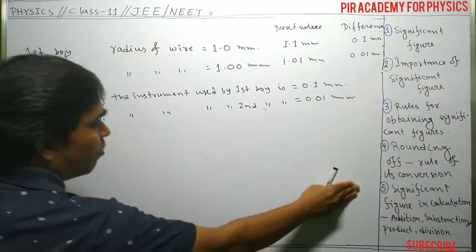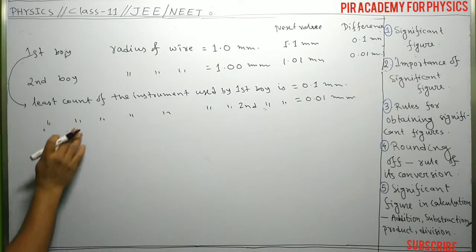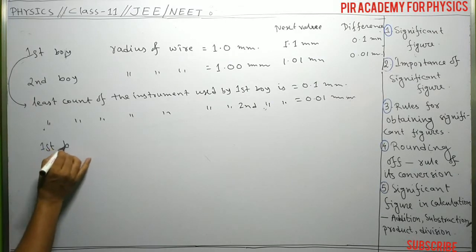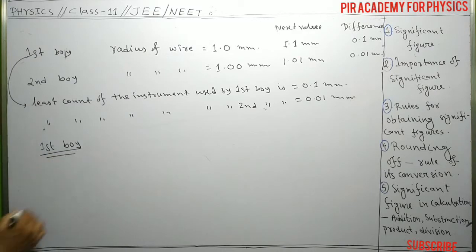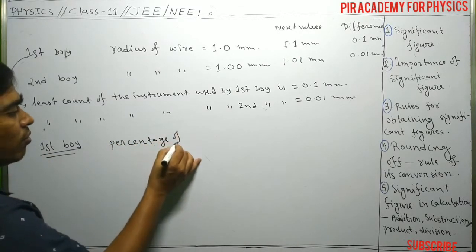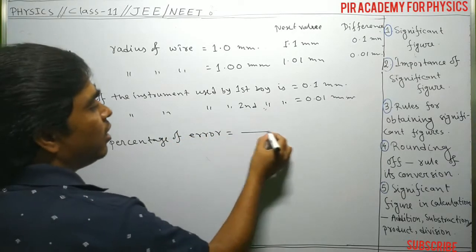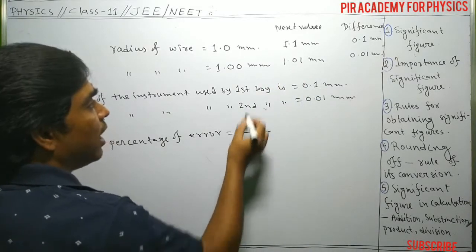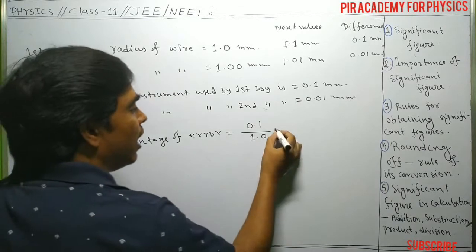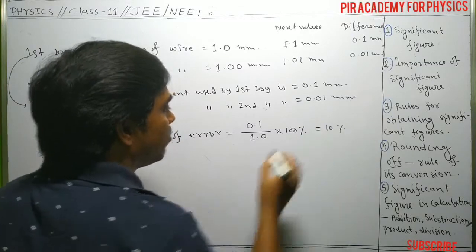In terms of accuracy and percentage of error, look at the calculation of the first boy. What is the percentage of error? Here the minimum length is 0.1 and the calculated value is 1.0, multiplied by 100%, that will be 10%.